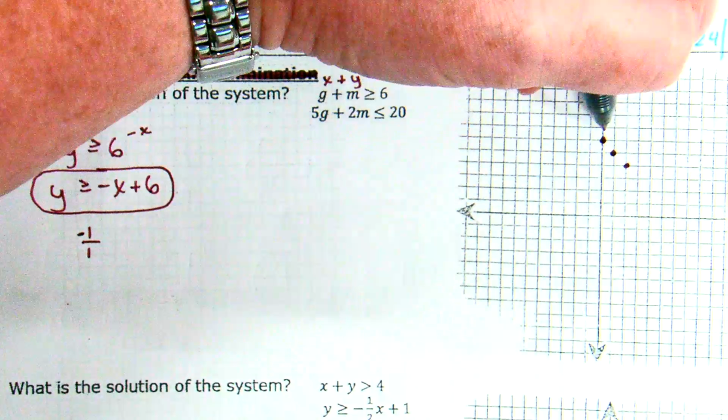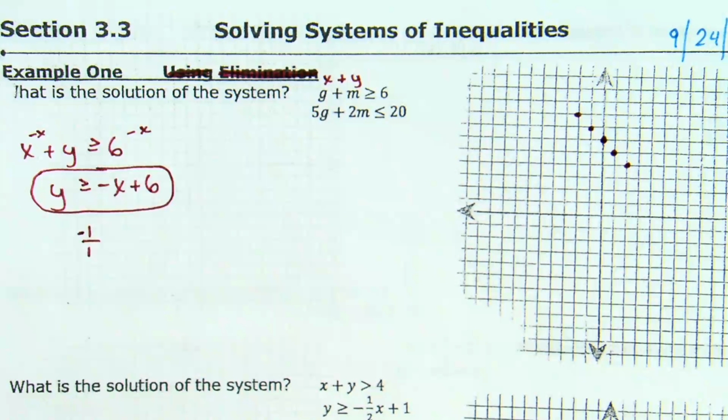However, you're going to notice today, I'm not going to go all the way across. It's not important in the same sense it was yesterday. Now what? Graph a solid line. Why solid line? Because it's greater than or equal to.